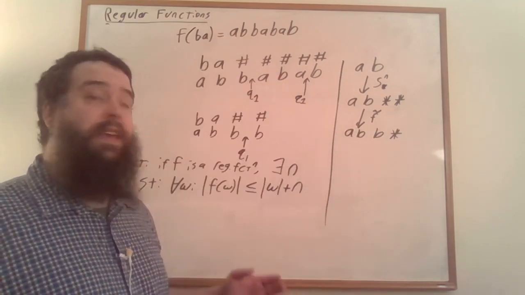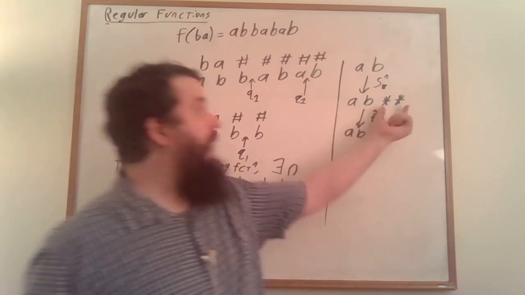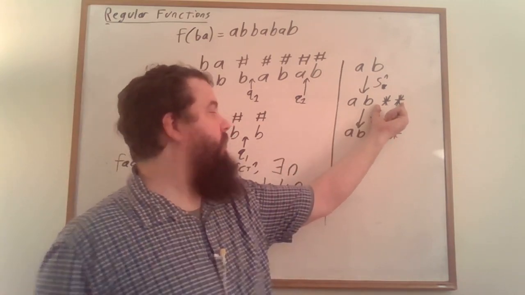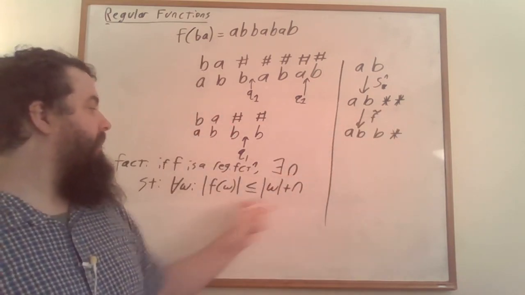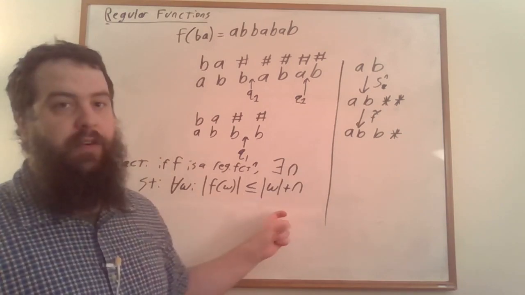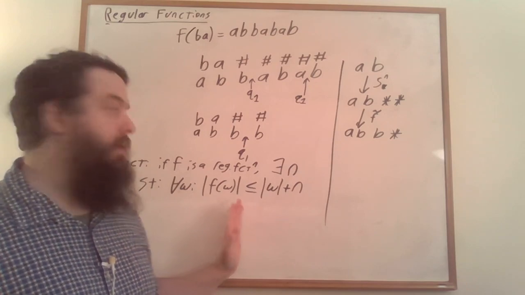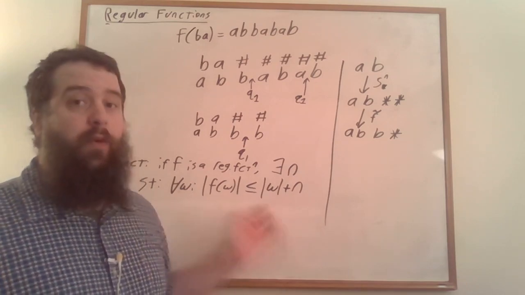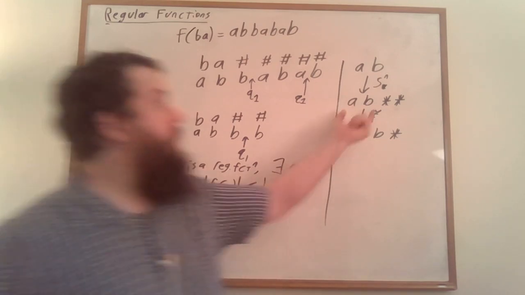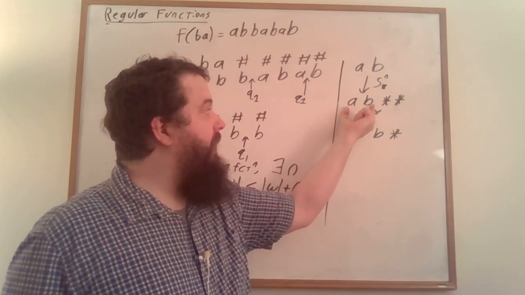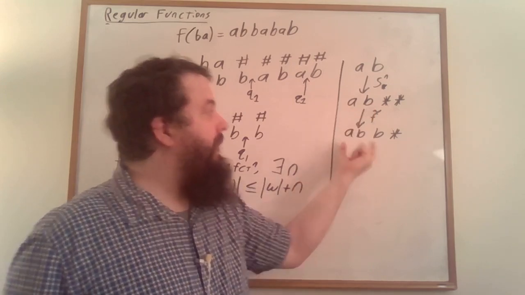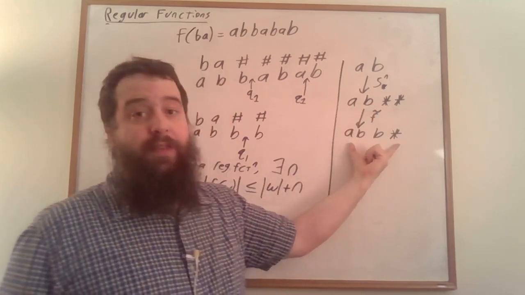The key thing here is that because we've tacked on n asterisks, where n is the lengthening factor for the function, the maximum number of characters that we can increase the length of a word by, we don't have to worry about f of this input here exceeding the space that we've given it.